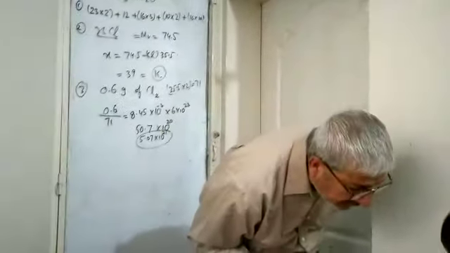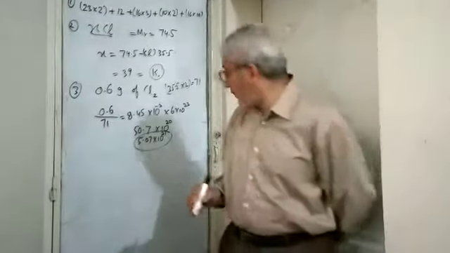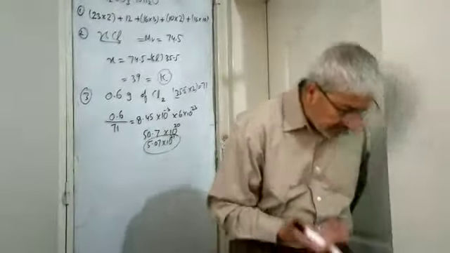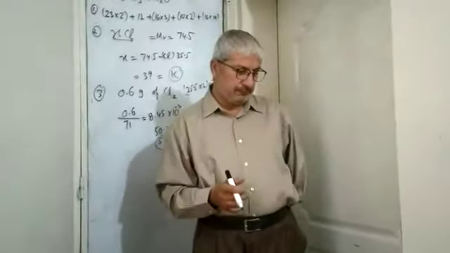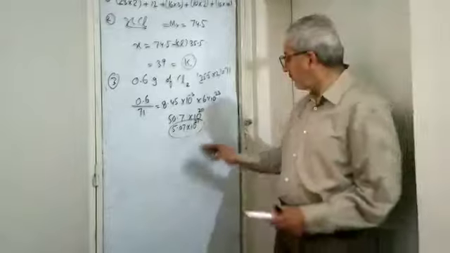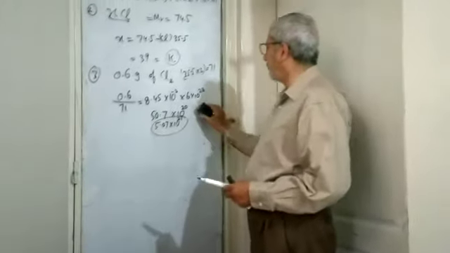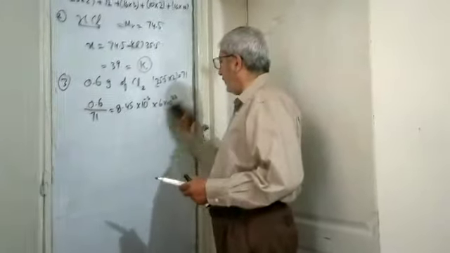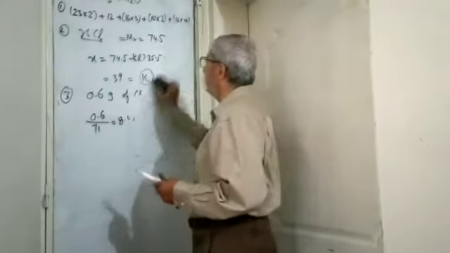Is there any answer like that? 5 into 10 to the power 21? Yes, that's the answer. Next question. How many moles of ions are present in 142 grams of sodium sulfate? Okay, sodium sulfate, 142 grams given.